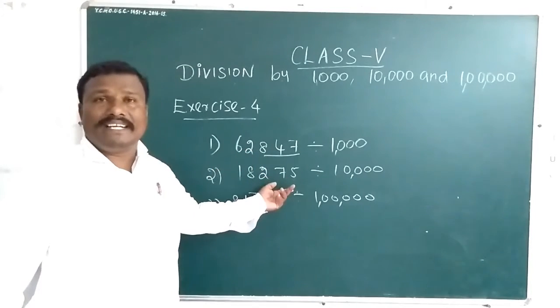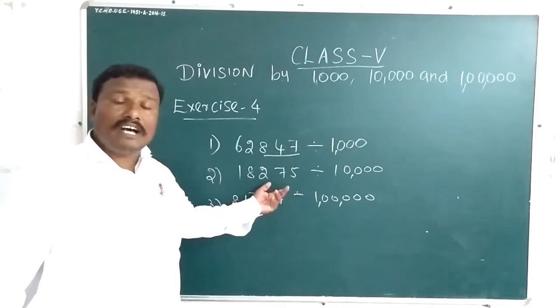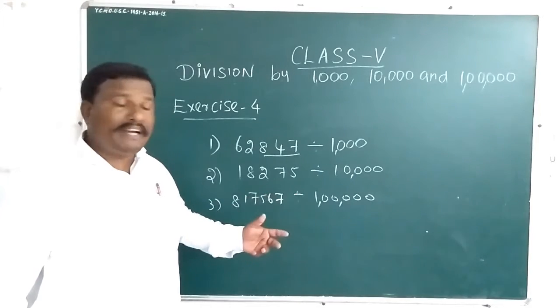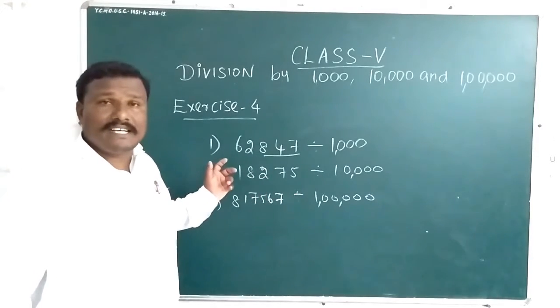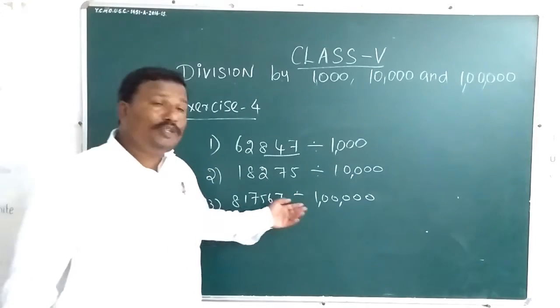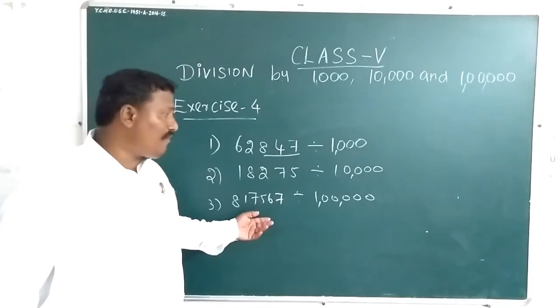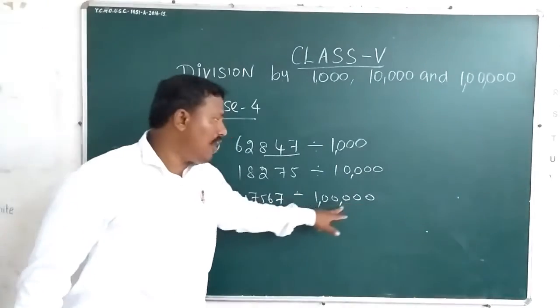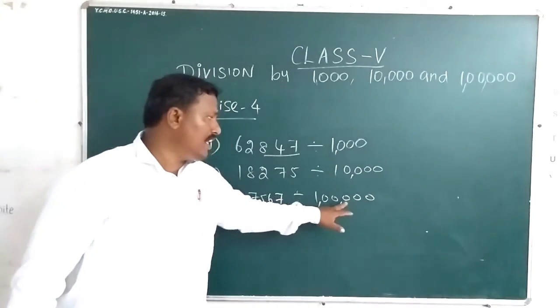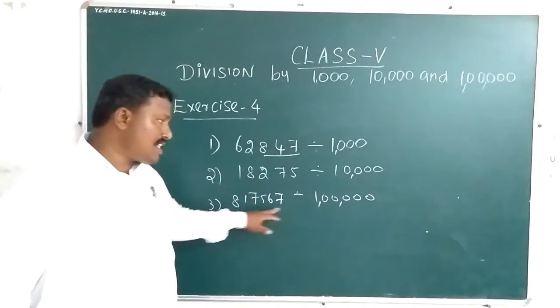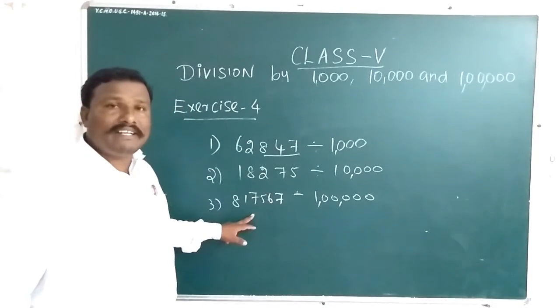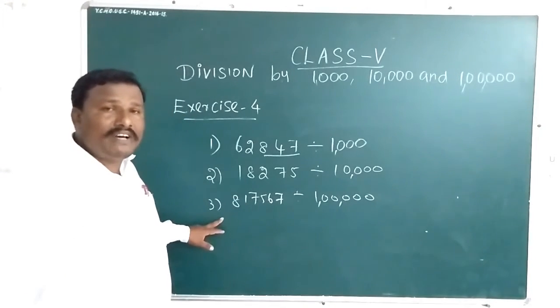When you divide by 10,000, take the last 4 digits as a remainder, remaining rest of the digits are quotient. So when you divide by lakhs, take the last 5 digits, because how many zeros are there? 5 zeros. So the last 5 digits take as a remainder, the remaining digits are quotient.